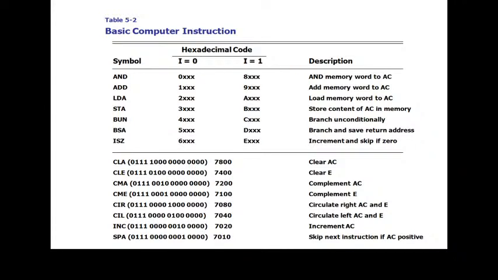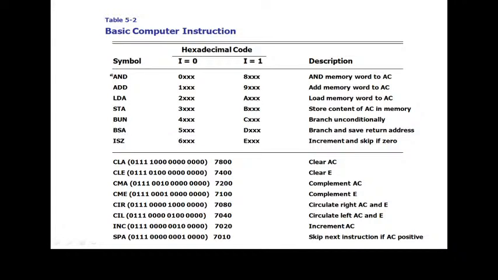As you can see on the screen, there are 7 memory reference instructions. I'm going to use my pen here. AND, ADD, LOAD, STORE, BUN, BSA, and ISZ. We discussed already AND, ADD, LOAD, STORE.